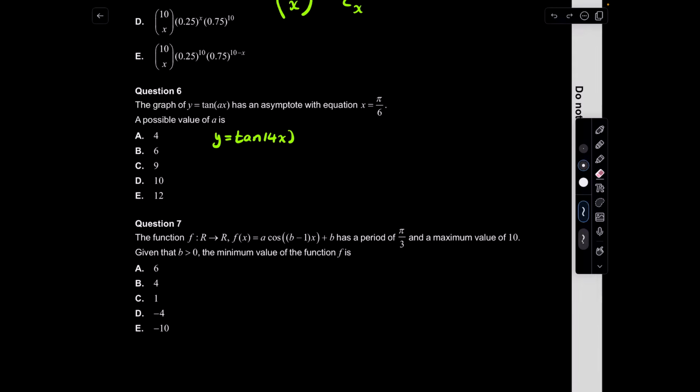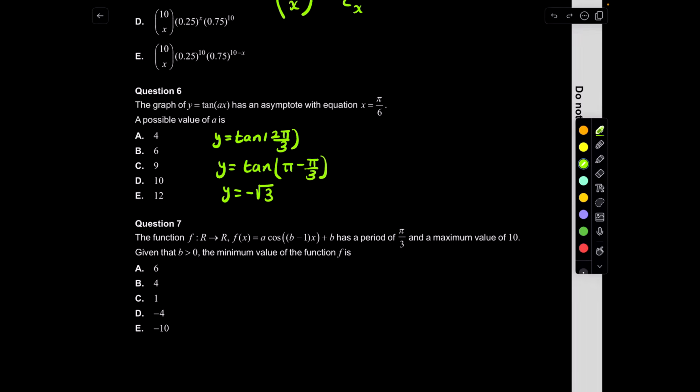So in this case, if I sub in pi on 6, this will become 2 pi on 3. And that is equal to tan of pi minus pi on 3, which is negative root 3. Look at that. That is a real value. It's not undefined.